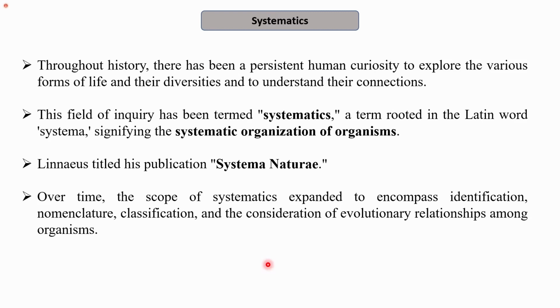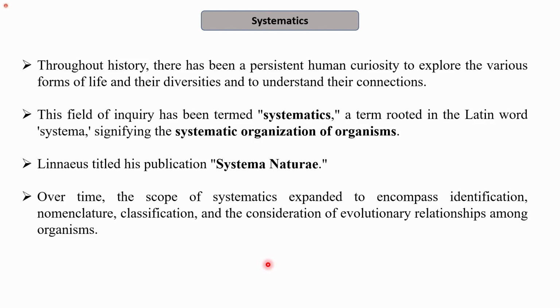Throughout history, there has been a persistent human curiosity to explore the various forms of life. We know that humans are very curious to know what different forms of life exist in different parts of the world, whether it includes hot springs or the frigid zones. This curiosity has allowed us to identify the various diversities, and not only identify them but also understand the connections between the different groups.